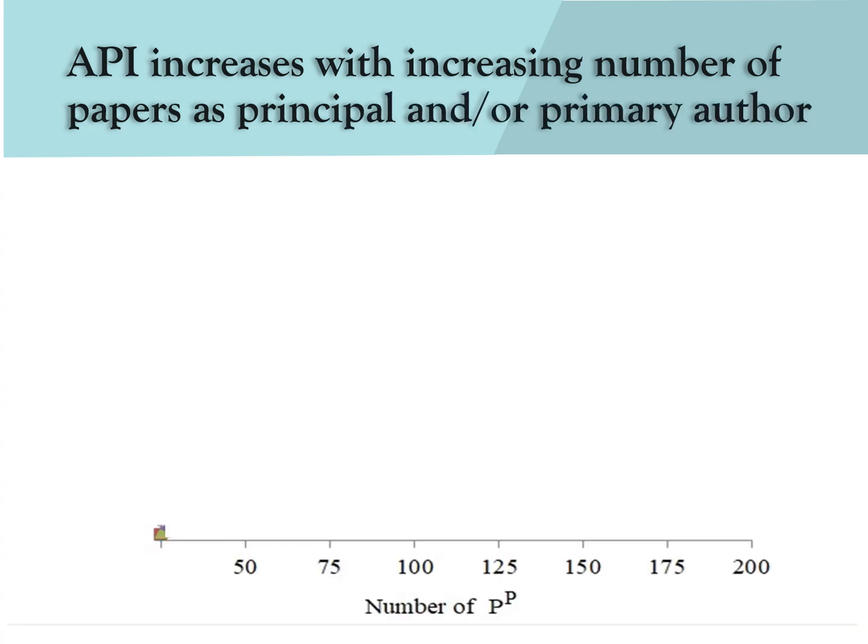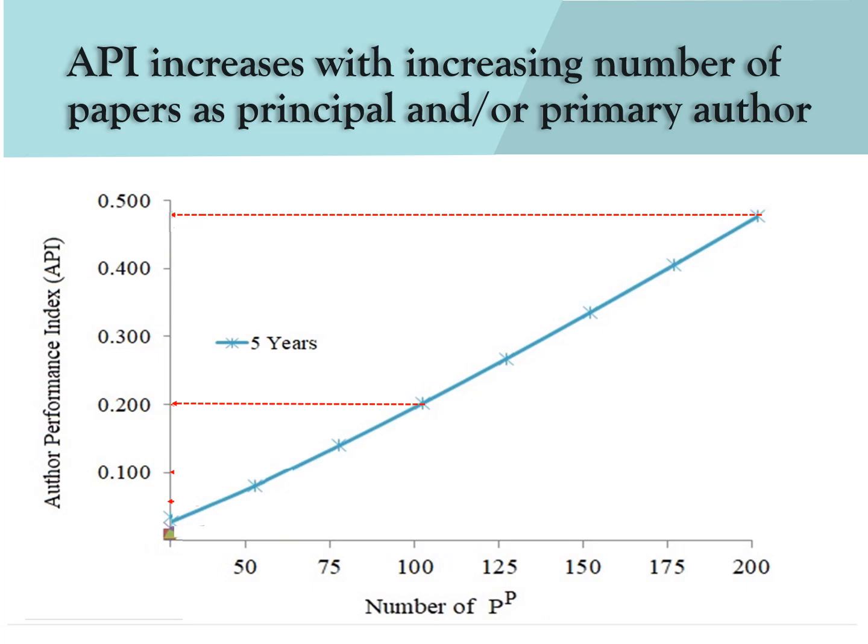Think about an author who might have a total of 200 papers, among which the author might have different numbers of papers as principal and or primary authors, such as 50, 75, 100, and so on. If the author publishes those papers in 5 years, then the API will increase with the number of papers published as principal and primary authors.